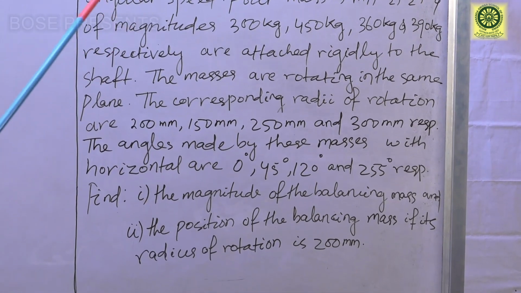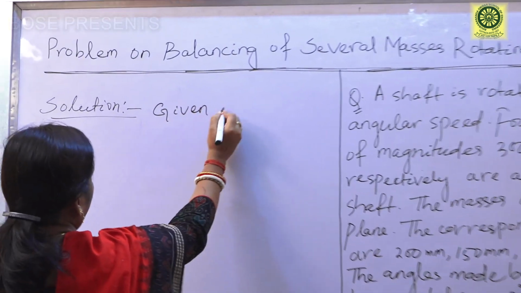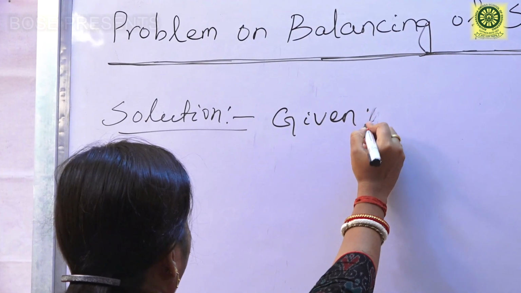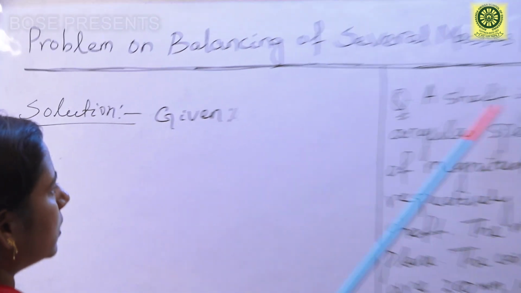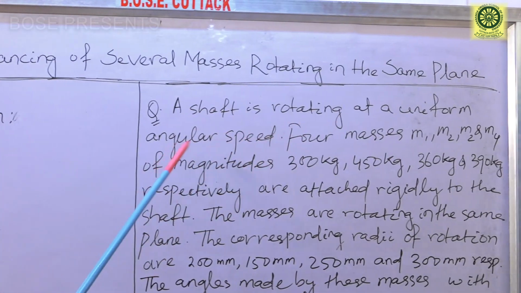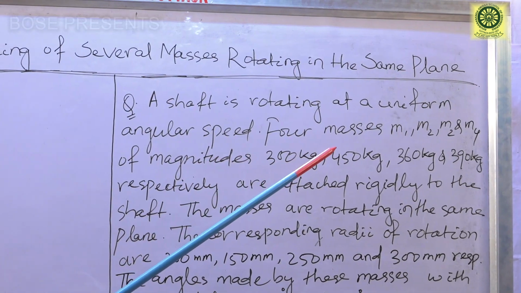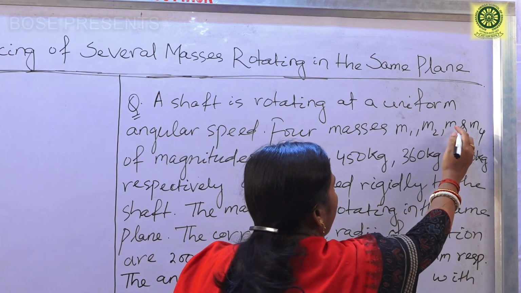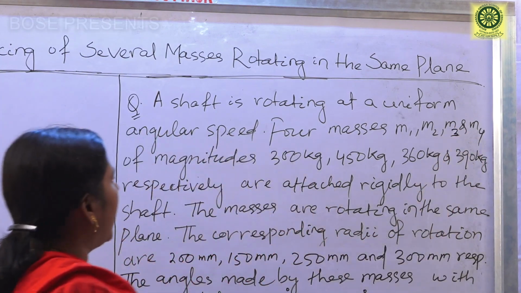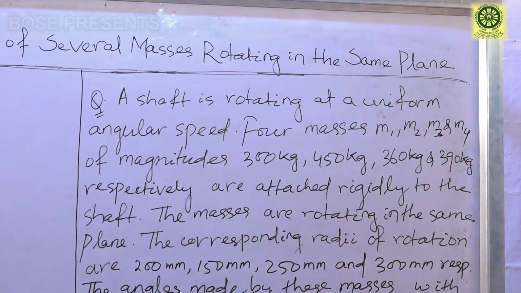So what are the given data? You can write: a shaft is rotating at a uniform angular speed, that is 4 masses M1, M2, M3 and M4 of magnitudes 300 kg, and this is given.